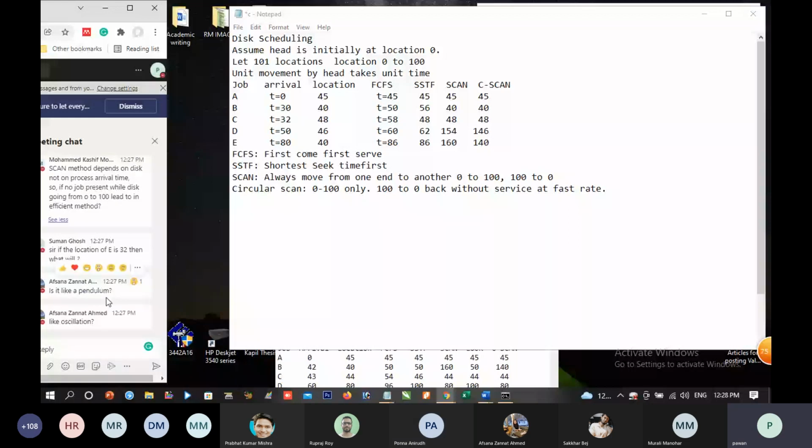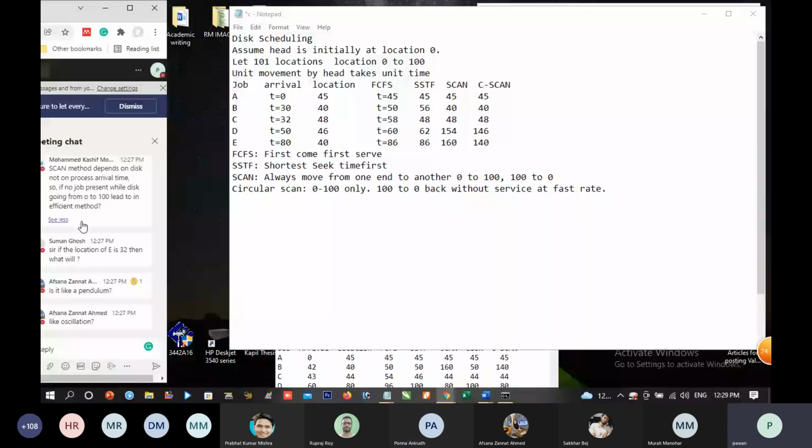Yes, that is correct. Scan method depends upon the disk. It also depends upon the process arrival time. Because if you see, job E and job B both are at location 40, but why are they served at different times?